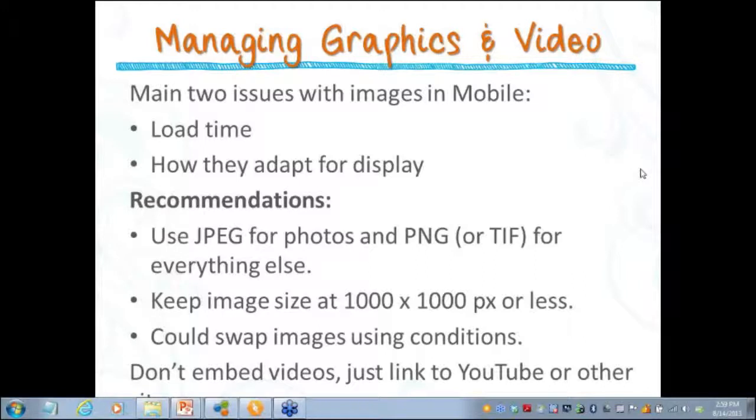And instead of embedding videos, you should just link to YouTube or some other site. You won't have to worry about embedding them and having several different formats and sizes available, because that's what you would need to do if you embedded them, since you don't know what device folks have. The users will need to have Wi-Fi, but the file size of your EPUB will be smaller too. So those are all good things.